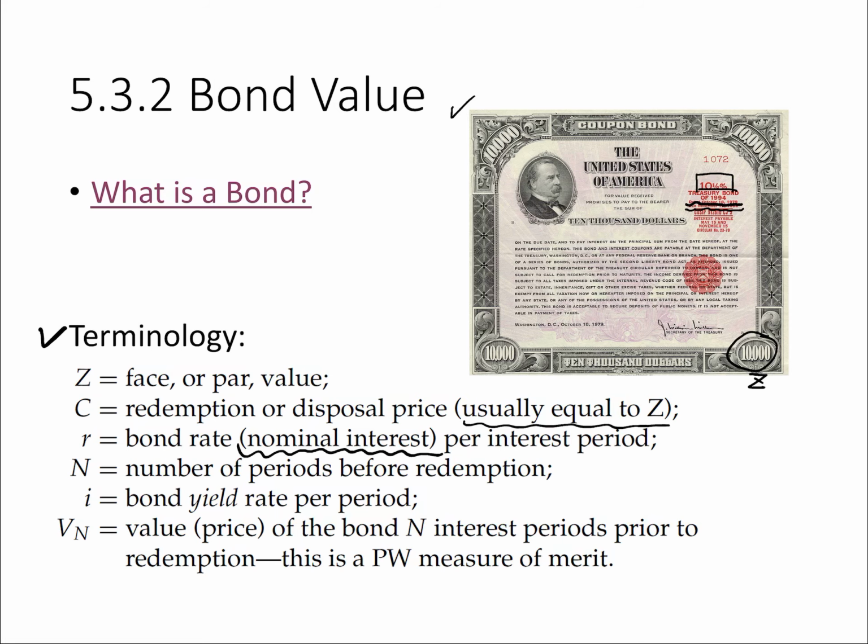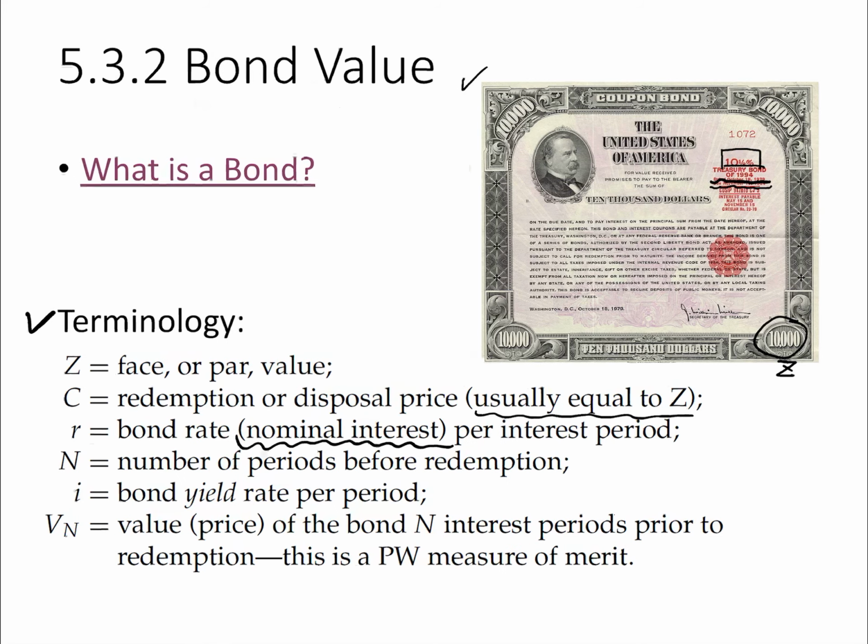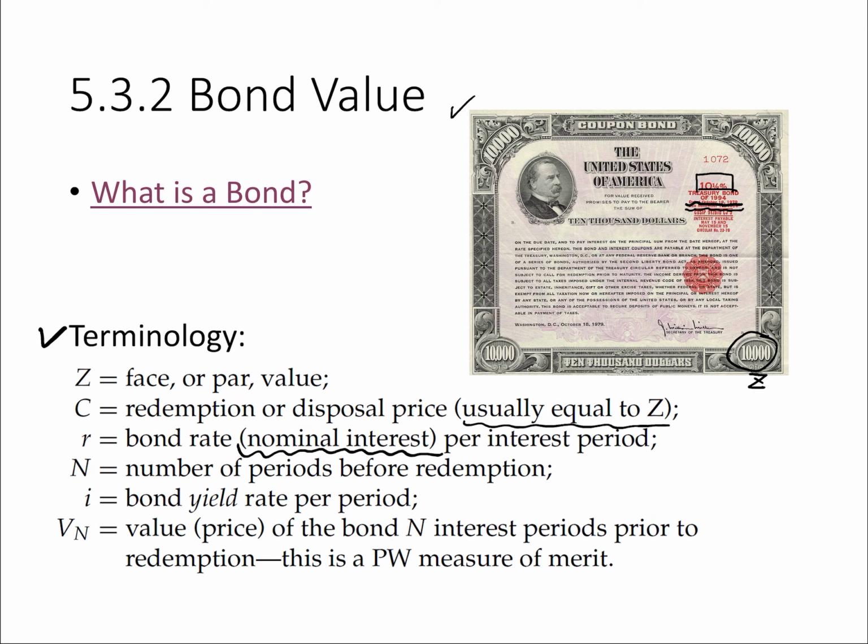So you get interest every interest period, and the interest amount is calculated by using this r. Okay, and another term is n. n is the number of periods before redemption. It's called number of periods, which means it's not necessarily a year.